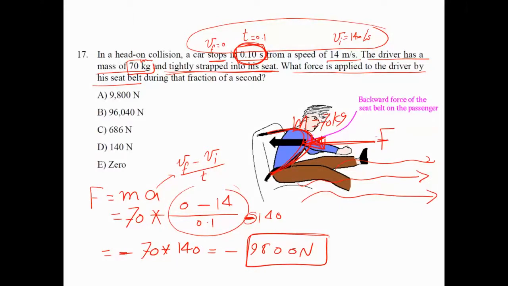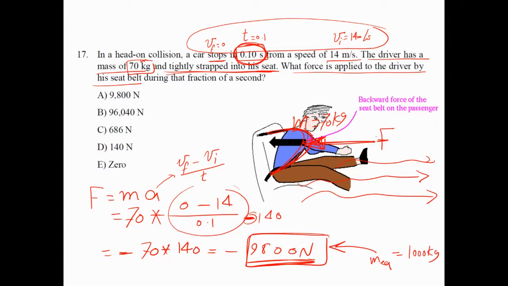If we try to find the equivalent mass of this force, guys, do you know? Divide it over the gravity. So the equivalent mass of the force of the seat belt is around 1,000 kilograms.